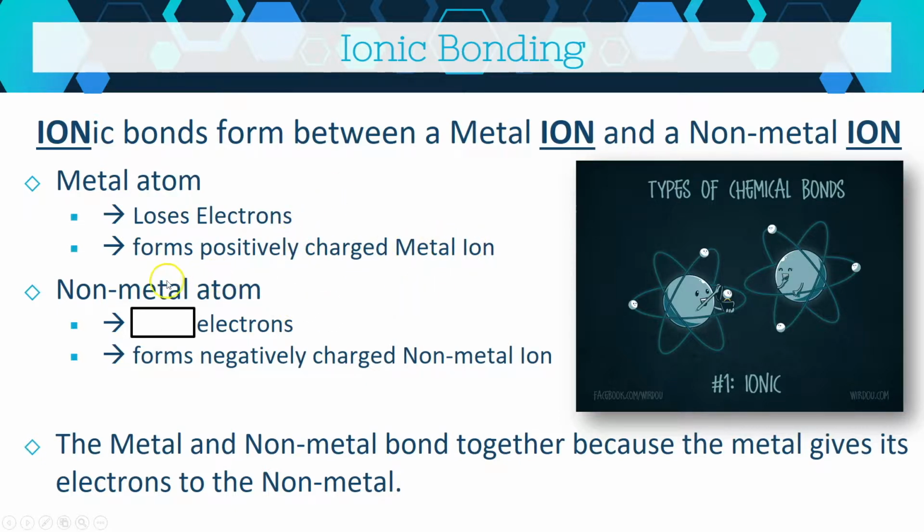On the other hand, our non-metal atoms always gain electrons, and because they're gaining that negative electron, they're going to form a negatively charged non-metal ion. So we have this positive metal ion and a negative non-metal ion, and those opposite charges attract each other and they bond together. We could simply say that the metal and the non-metal bond together because the metal gives up its electrons to the non-metal. Got a little bit of a diagram here. You can see we've got one atom giving away an electron to another atom. That's pretty much what happens in these kinds of bonds.